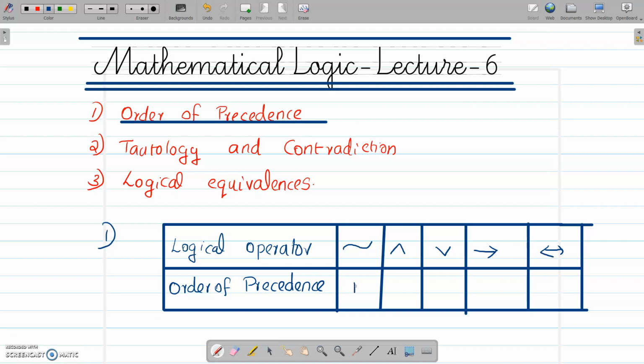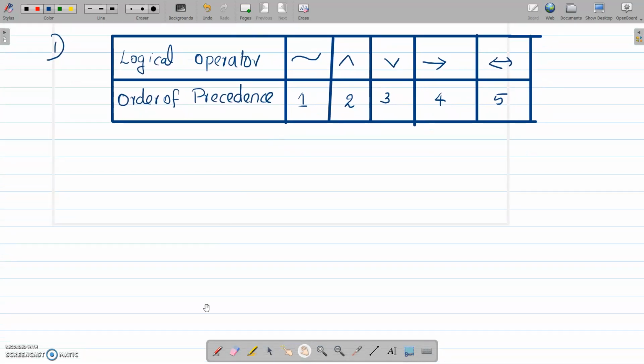So the precedence is given as 1, 2, 3, 4 and 5. So this is the precedence for these operators.